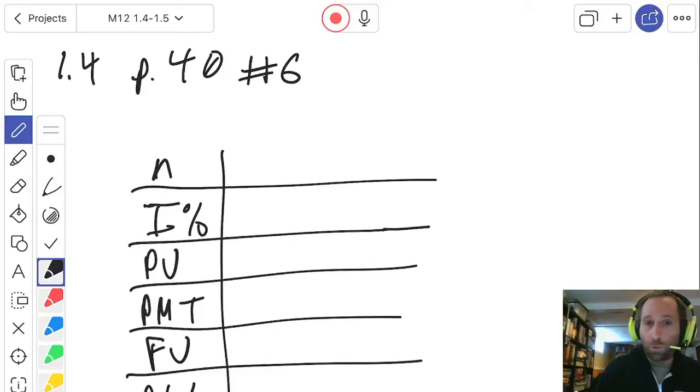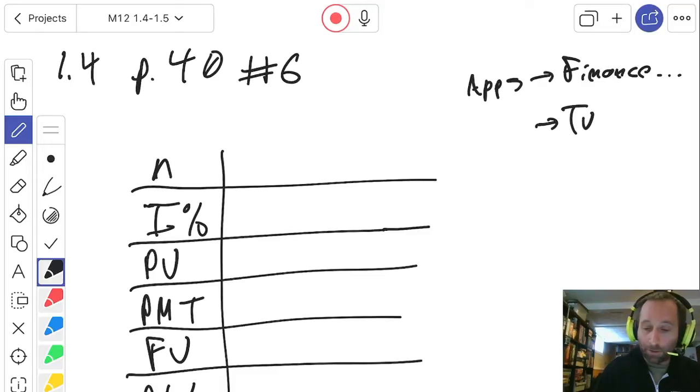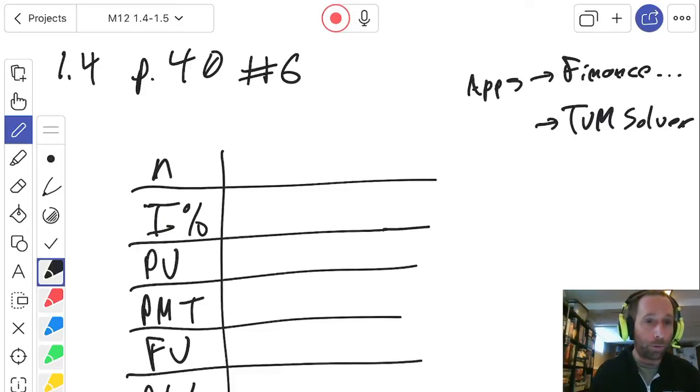If you are looking for a review on how to get here, you can open up my 1.4 video, but under the calculator, you want apps, and then I believe it's finance, and the first one on the list is TVM solver, and that will bring you into this menu that we have on the screen right now.